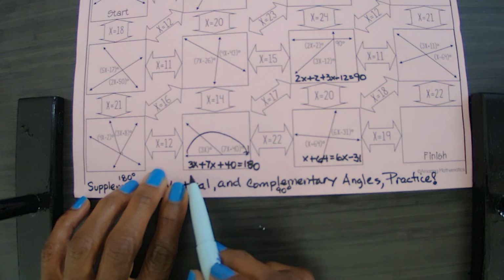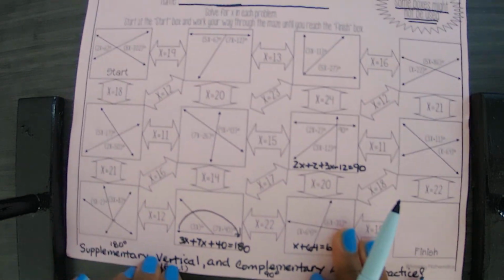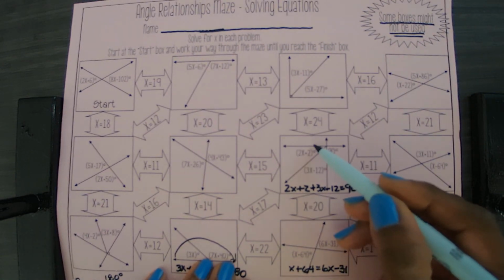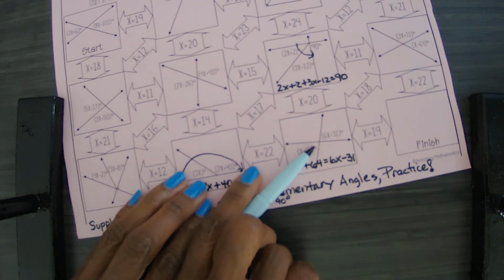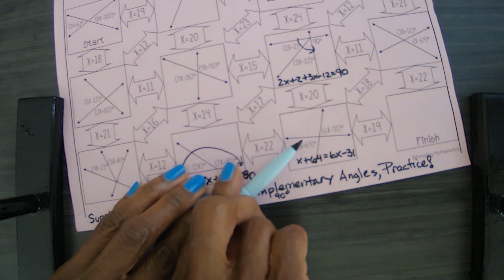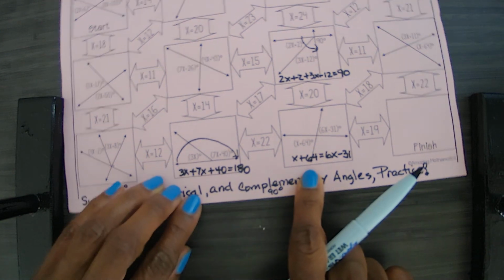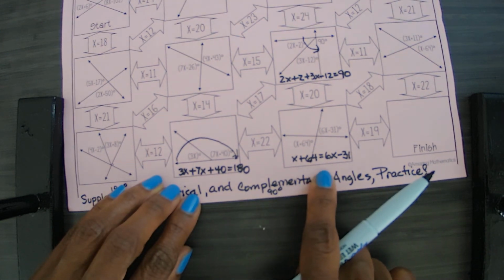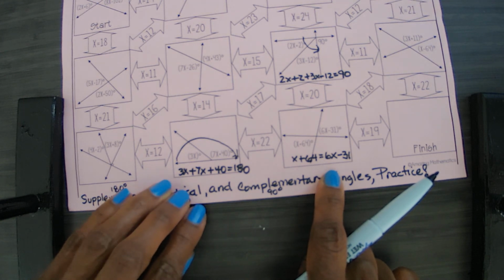So 3x plus 7x plus 40 equals 180. Okay? And right here we have vertical angles. And vertical angles are across from each other, but we know that they're equal. Therefore, x plus 64 is equal to 6x minus 31.